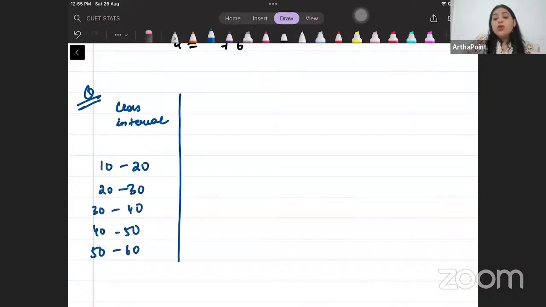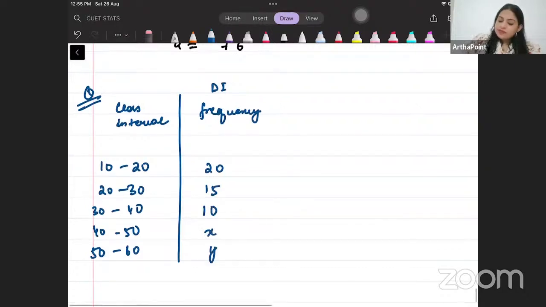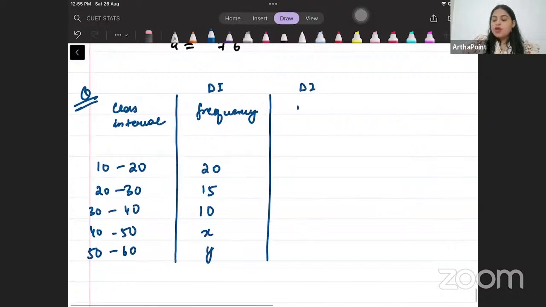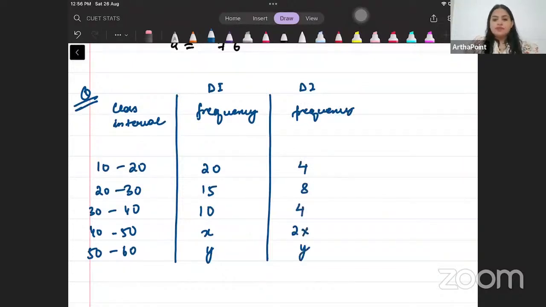You're given two distributions. So for distribution 1, you're given the frequency as 20, 15, 10, X and Y. And for distribution 2 also, you're given the frequency as 4, 8, 4, 2X and Y.